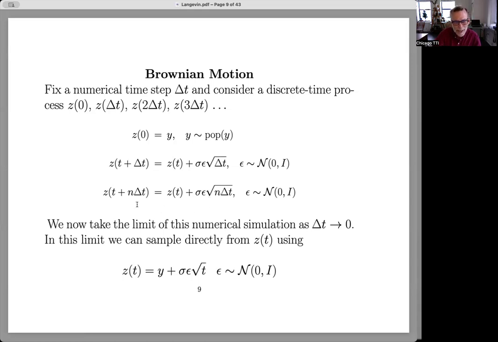Because I can skip ahead, I want to think of n times delta t as t, because I've started at 0 and I've added n delta t. So I can directly sample z of t by y plus this variance times the square root of t.